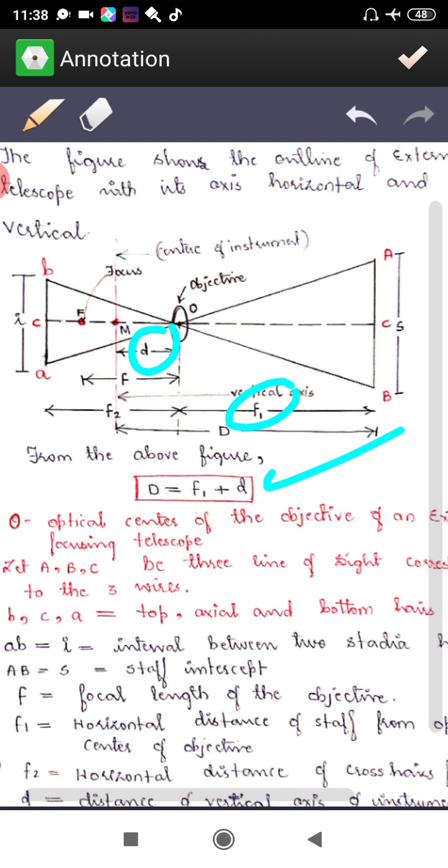From here to here, this plus this is going to be your capital D. That D represents the distance, so F1 plus d, this we have to keep in mind. D is equal to F1 plus d.